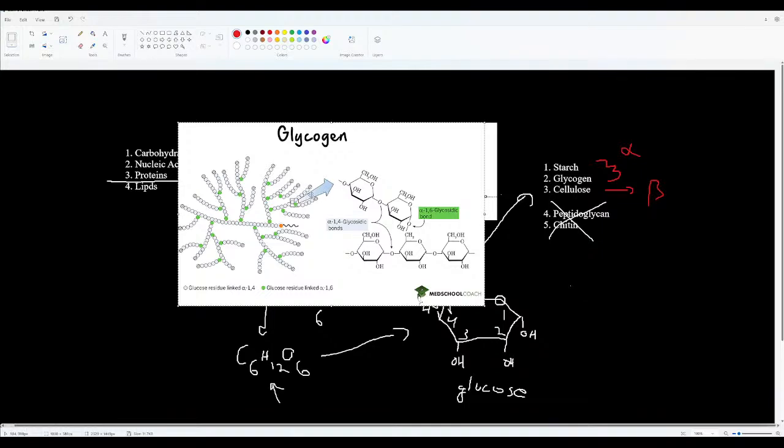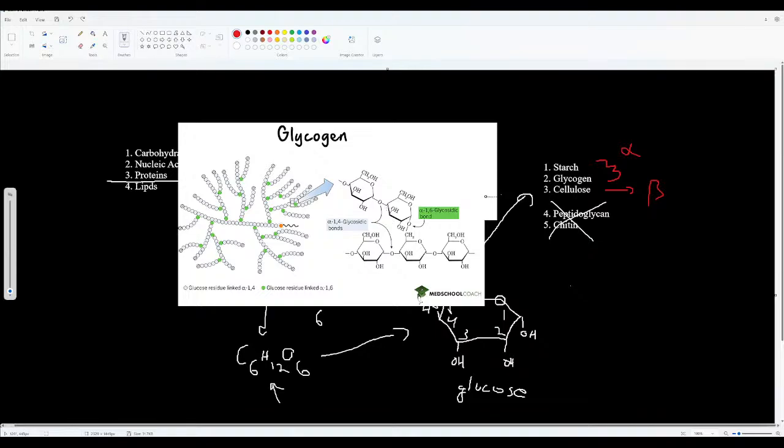So guys, listen to me here. Alpha 1,4, alpha 1,6. That's the thing about glycogen. It has alpha linkages, alpha glycosidic linkages. That's all you gotta know about sugar.